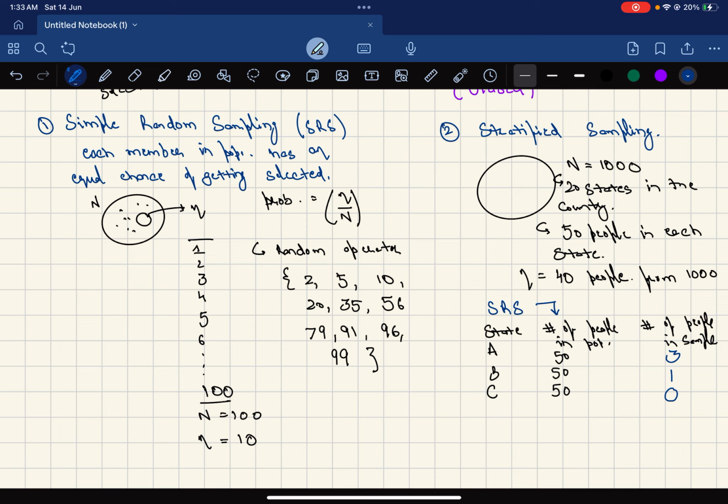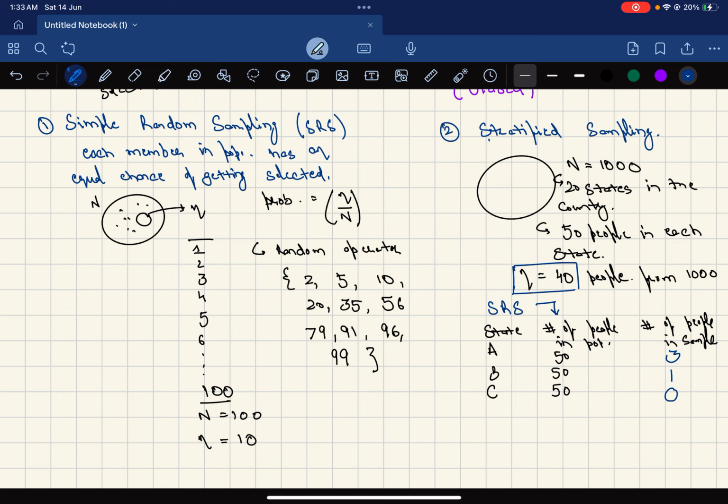So since we had 50 people in each state, what we would want is, there should be 2 people selected from each of the 20 states, so that we have a sample size of 40, and we still have an equal representation in the sample as well for each of the states.